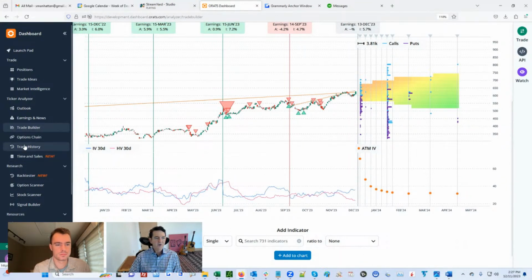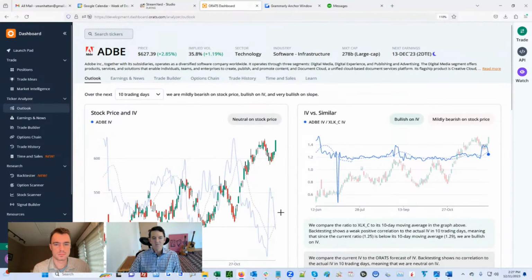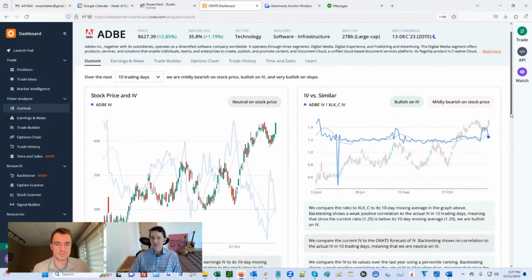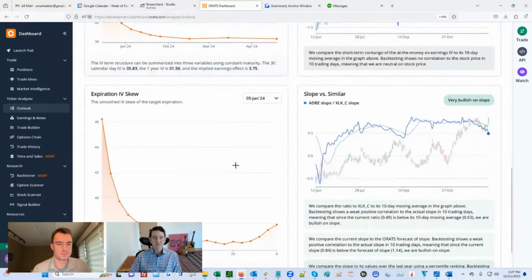Now, if we were to go check out the outlook for this, where we use the ex-earnings, you could see in the mouse over, hopefully, that the implied volatility is 26. So that's one thing Tyler was talking about. The other thing was this. This is the term structure, and this is the expiration skew.